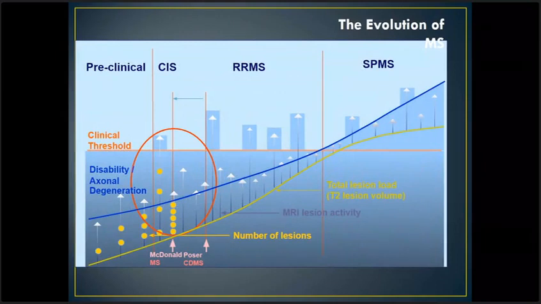This diagram shows the evolution of multiple sclerosis. There is a preclinical stage, and this may be found accidentally, when the patient did an MRI for something else and was found to have plaques of multiple sclerosis, but he didn't have any attack. This is the preclinical stage.